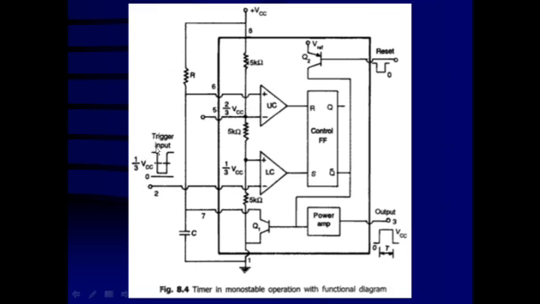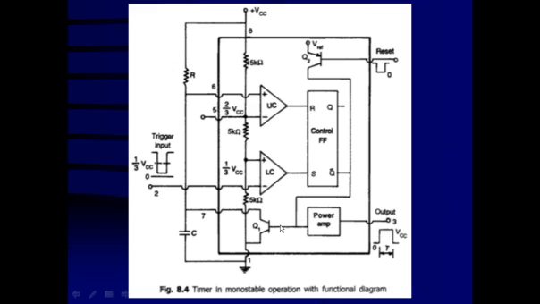Now when the trigger terminal is activated, this potential is going to be lower than this potential, and hence the output becomes 1, S is going to be 1, that means it will set the flip flop, Q becomes 1, Q bar is going to be 0, and this terminal is going to be 0, so the output goes to the high state. So the normal stable state is the low state, and it will go into the high state.